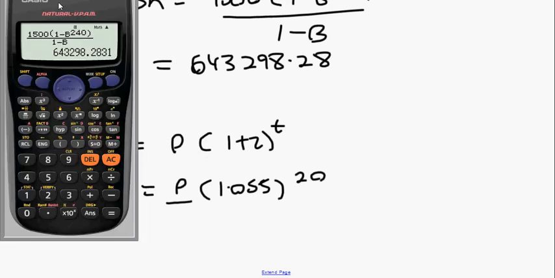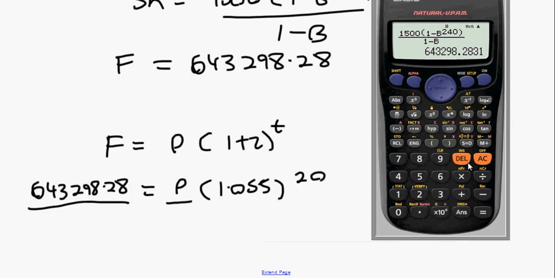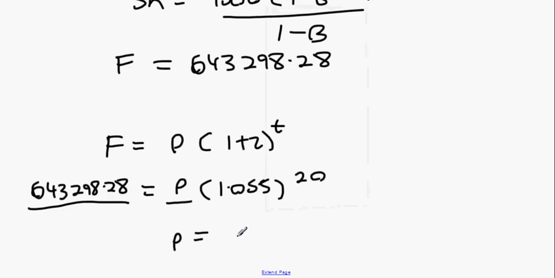So what I get is this answer divided by 1.055 to the power 20, and what I get here is 220,479.95. So our present lump sum that we'd accept is 220,479.95.